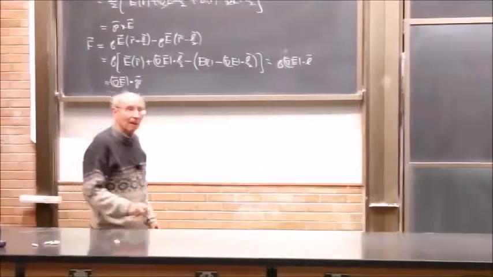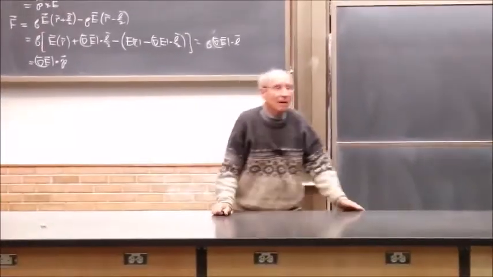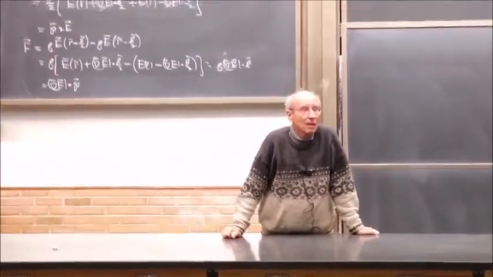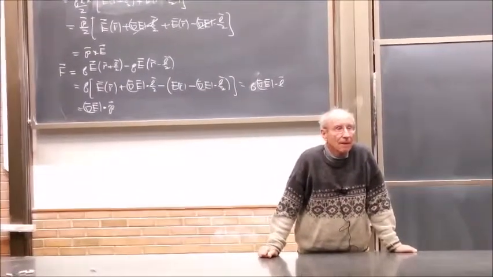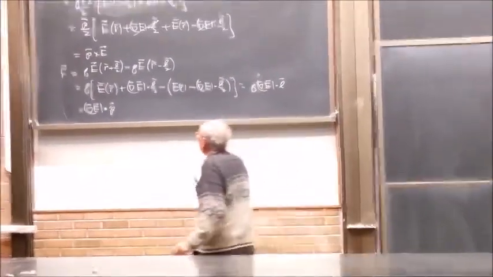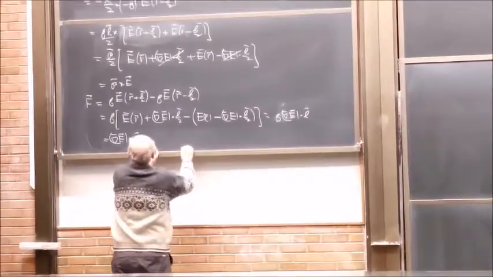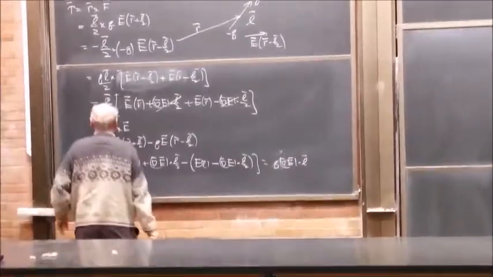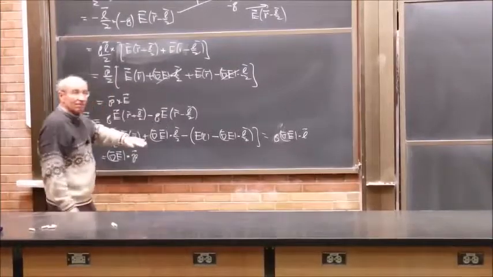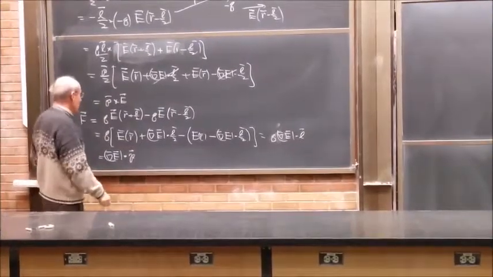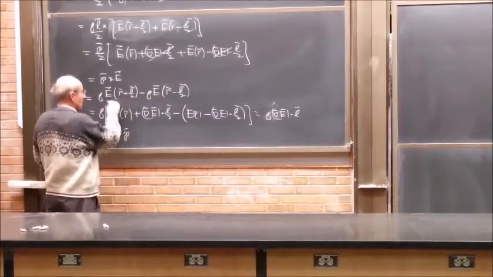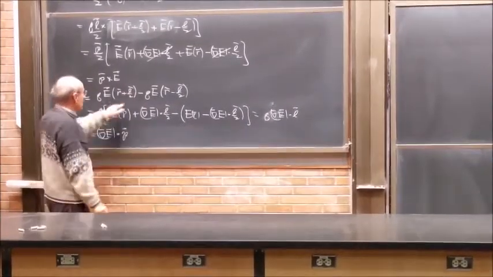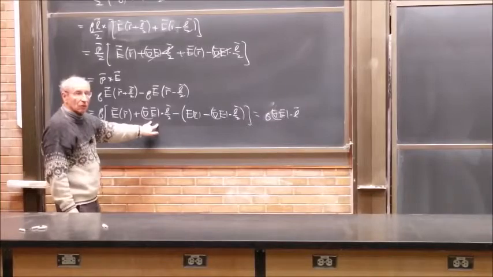Yes. Why are you using grad and then the dot product on the grad E dot L over 2? Okay. Because what I need is this thing. So I write out what this is. It's E of r plus grad E dot L over 2.